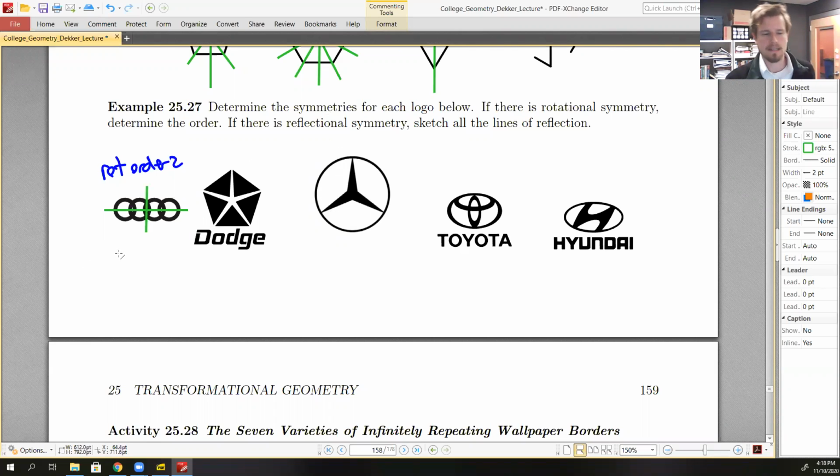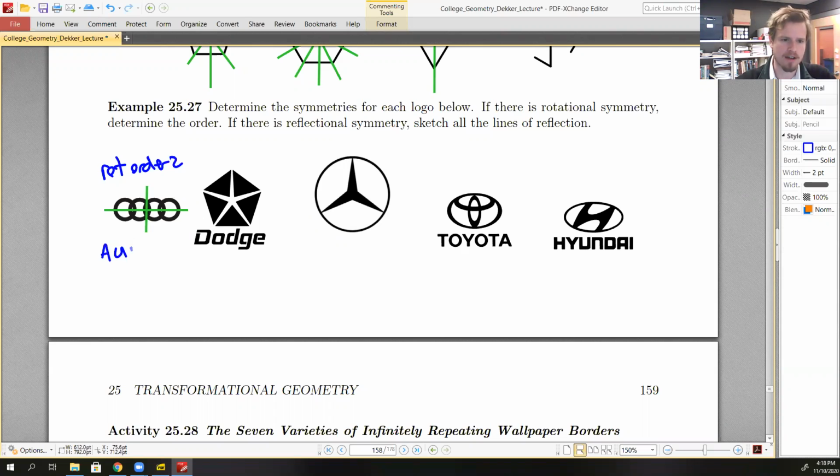All right, any guesses as to the automotive manufacturer here? Do you know? It is Audi, or however you say that. All right, so next, Dodge. Now this is a little bit interesting. A lot of people associate this actually with the Chrysler emblem.